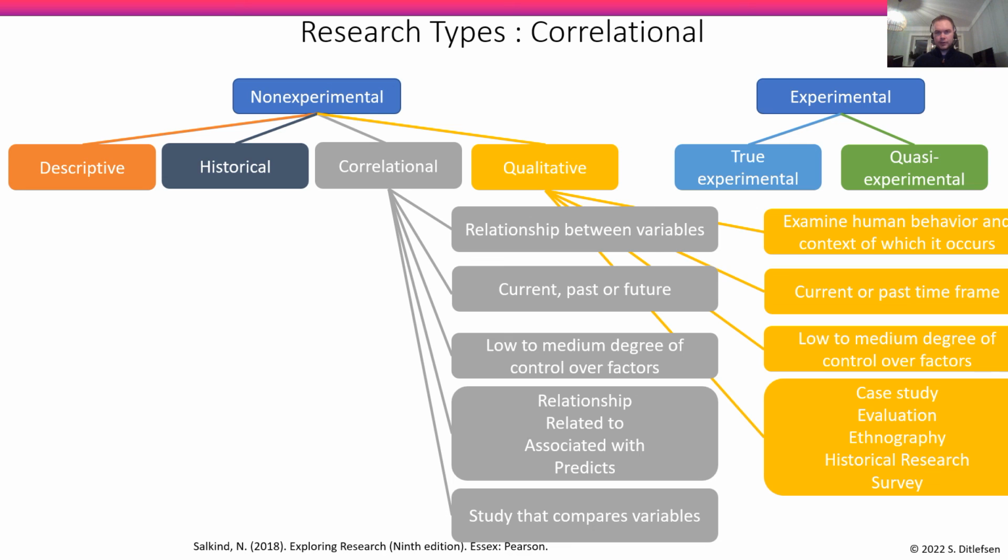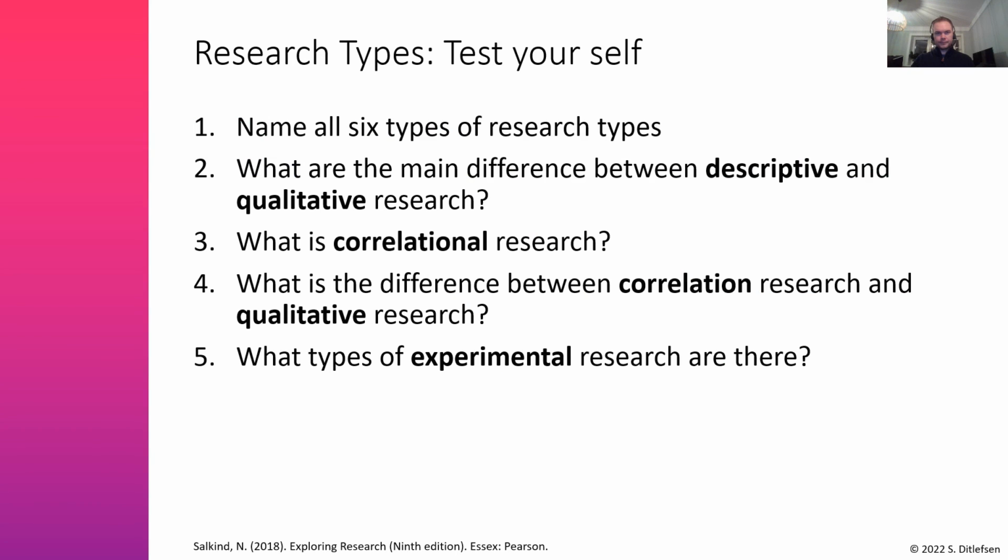Correlation can be in the future. Qualitative cannot be in the future; it's current or past. So when we do case studies, it's qualitative. Correlation is more about relations. If we do a survey, it's qualitative.